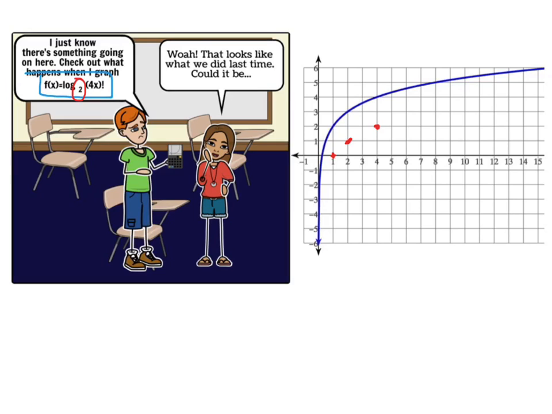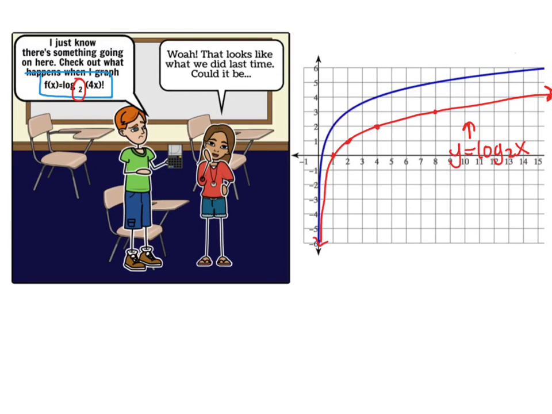Log base 2 of 8 is 3. And then log base 2 of 16 is equal to 4. So when I sketch the log graph, it looks something like this. This red graph is y equals log base 2 of x.